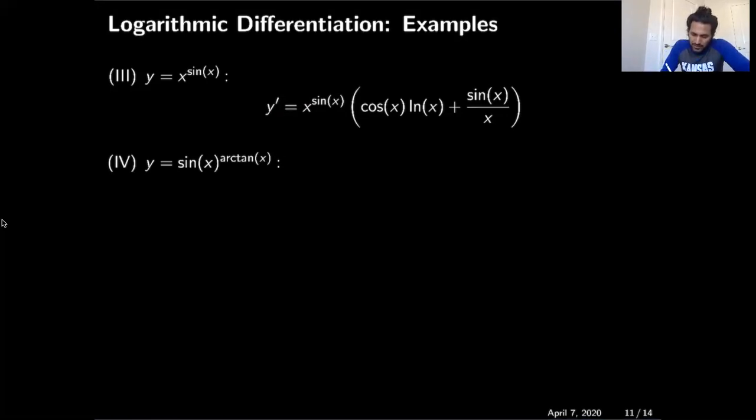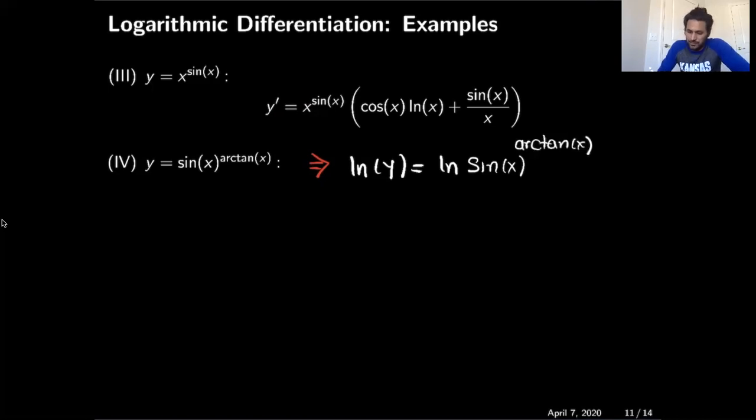So again, I will begin by taking the log on both sides. So I will start this problem by taking the natural log on both sides. So natural log of y will be natural log of sine x to the power arc tan of x.